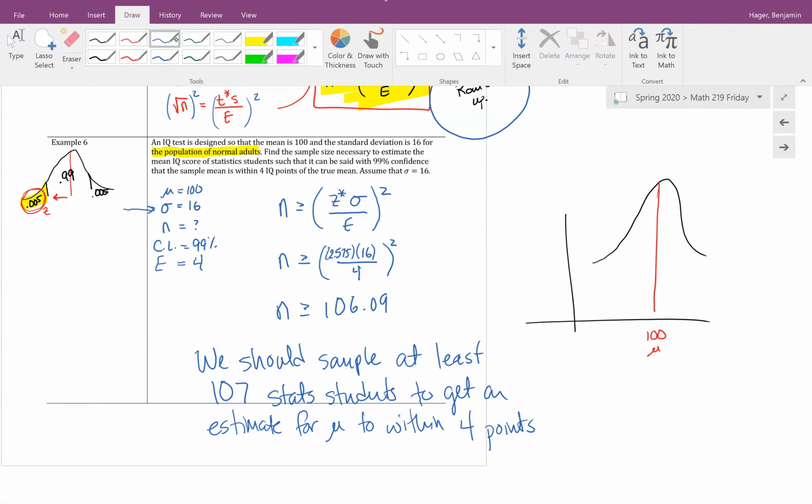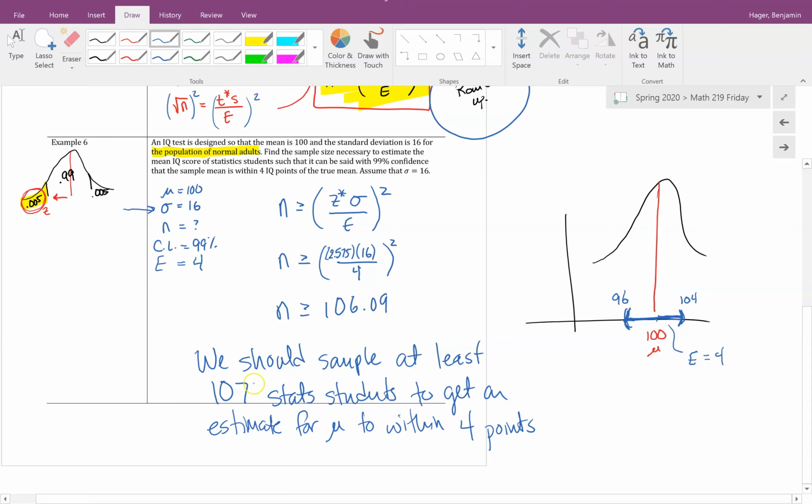But again, when I sample, I know that my sample won't be 100. It'll be a little less or a little more than 100. And so what we're saying is we want to make sure that we are within 4 points. So we want our interval to be from 96 to 104 because that's 4 points above and 4 points below that mean. So that's the window we want, right? Because it said we have a margin of error, or I guess they just use E, of 4.